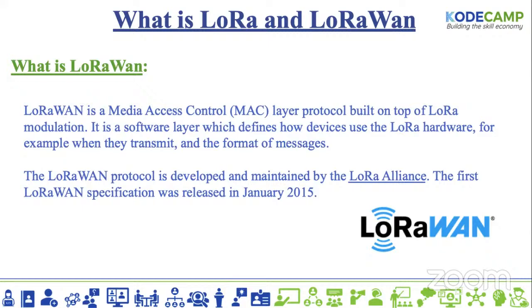Now, LoRaWAN falls under something I'll call LPWAN. LPWAN stands for Low Power Wide Area Network. A low power wide area network is a type of wireless telecommunication network that allows connected devices to have long range communication capabilities at a low bit rate.